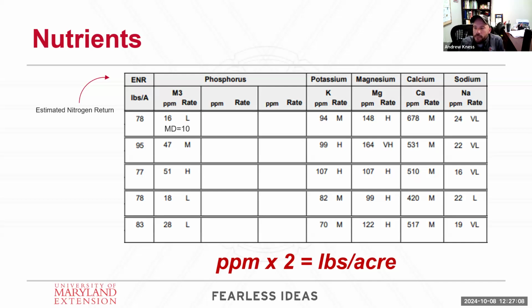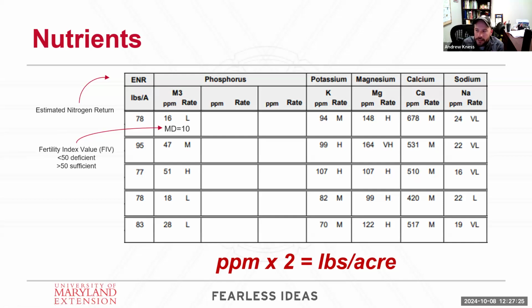You might see some labs also provide a second number, and it might say something like MD equals 10, for example, in this one. What this is doing is converting the parts per million number into what we call a fertility index value.